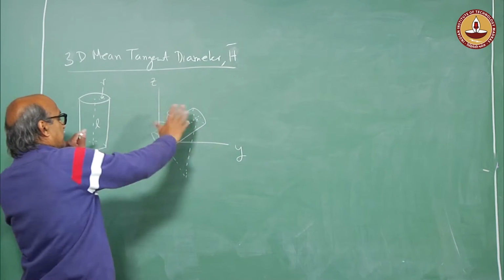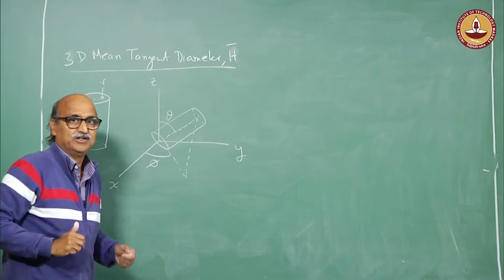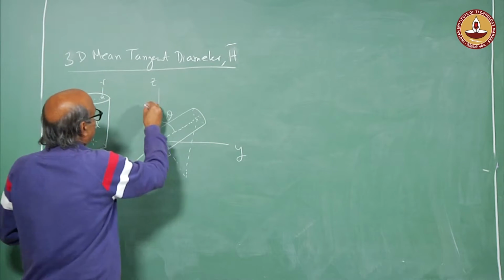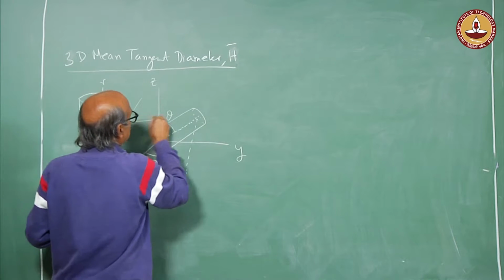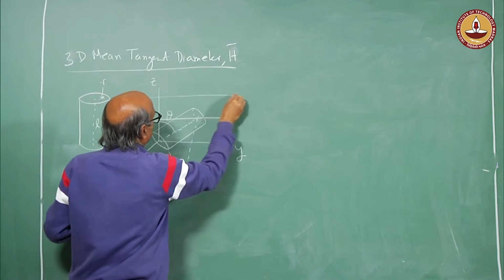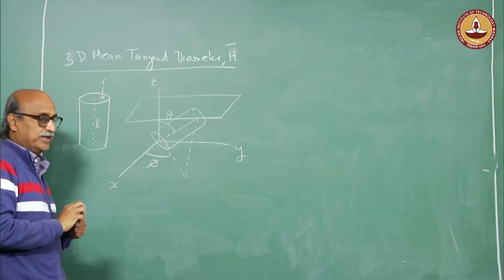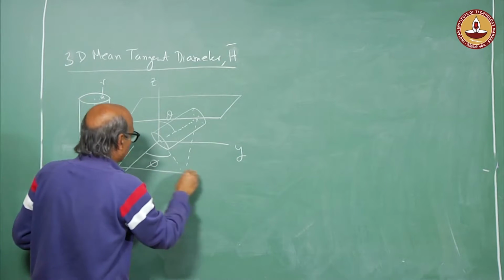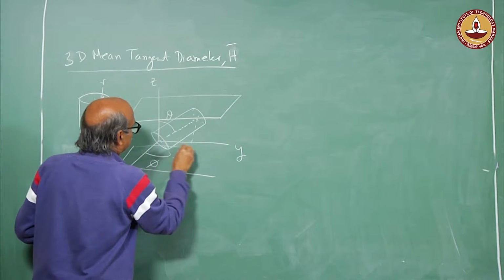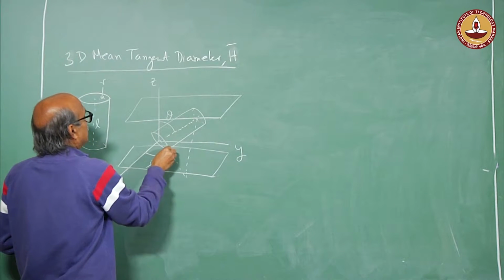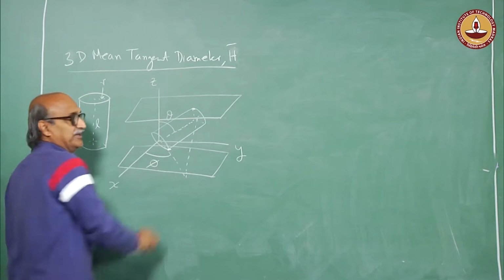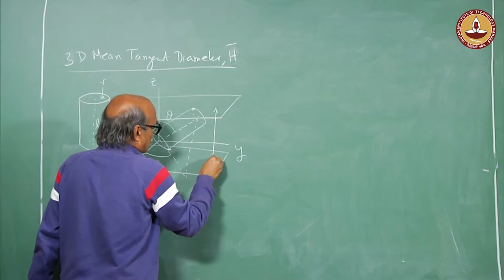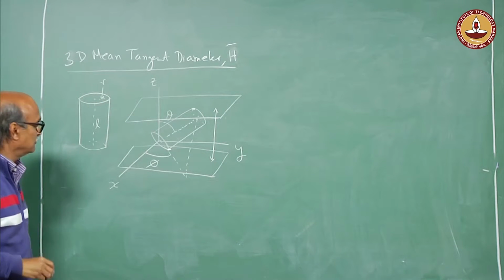So, different values of theta and phi would give you different orientations of this cylinder. Consider this as one tangent plane, and then there would be another tangent plane below the xy plane, which will make tangent here and will make tangent here.